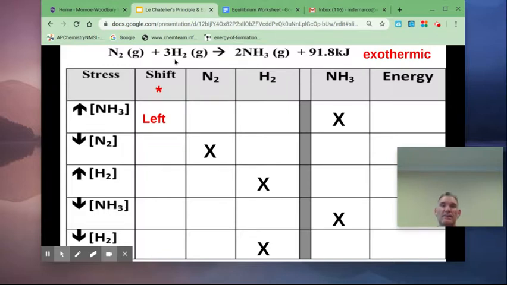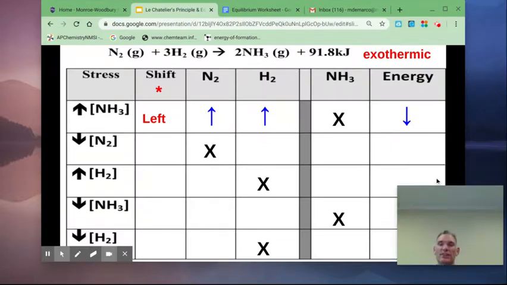It shifts opposite to the left. And now I can apply my golden rule. I know it's going to the left, so everything on the left side has to go up, and whatever's on the right has to go down, and that's the energy. So notice, once you know what the shift is going to be, the golden rule is applied, and you can put these arrows in pretty quickly.